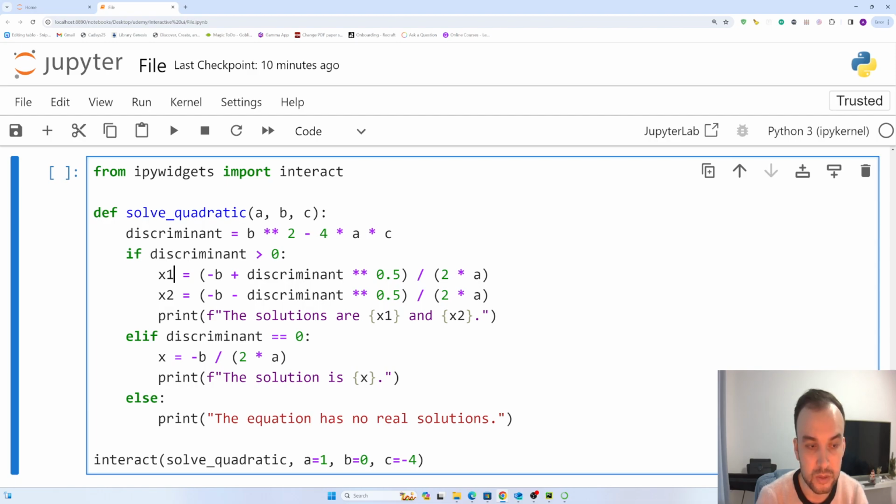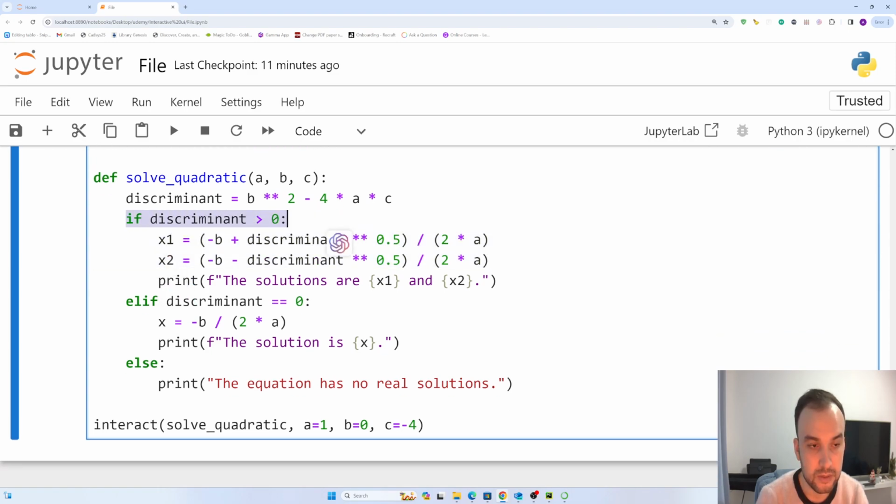To calculate x1, we are using this equation: minus b plus the discriminant to the power 0.5, which means square root, divided by 2 times a. And solution 2 is minus b minus the discriminant. Here plus the square root of the discriminant, here minus the square root of the discriminant, divided by 2 times a.